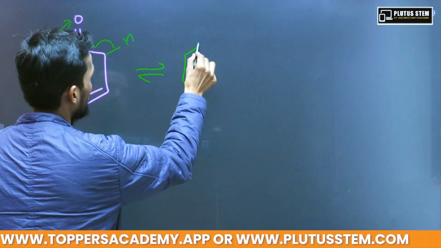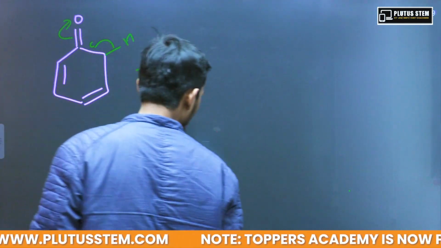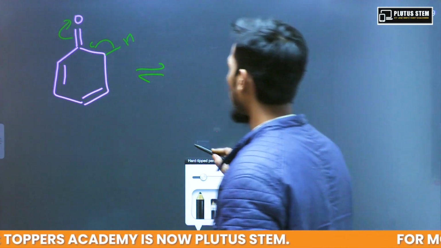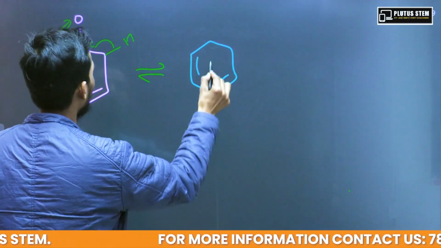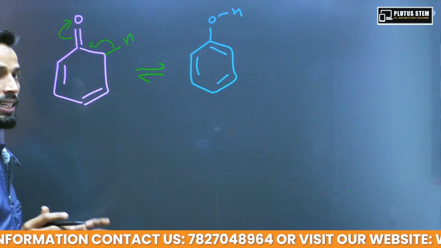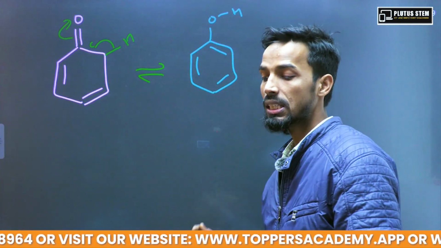Keto-enol tautomerism. Here also a keto-enol tautomerization can happen. In this case, if you visualize clearly, this is OH and a bond came over here, and a benzene ring came into existence, or you can say a phenol.